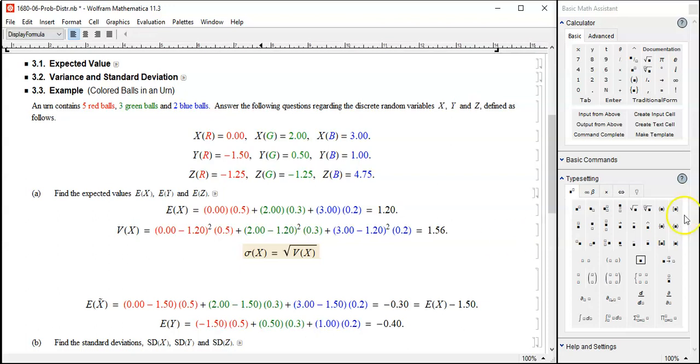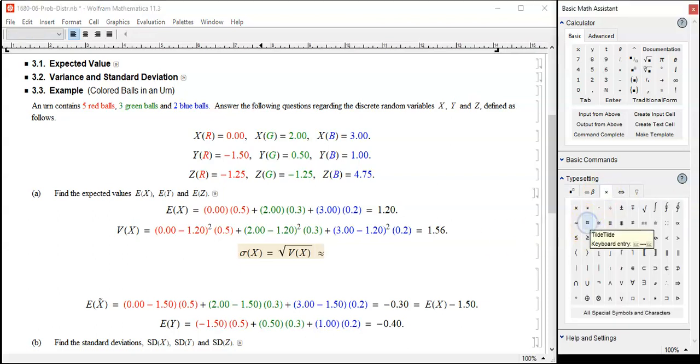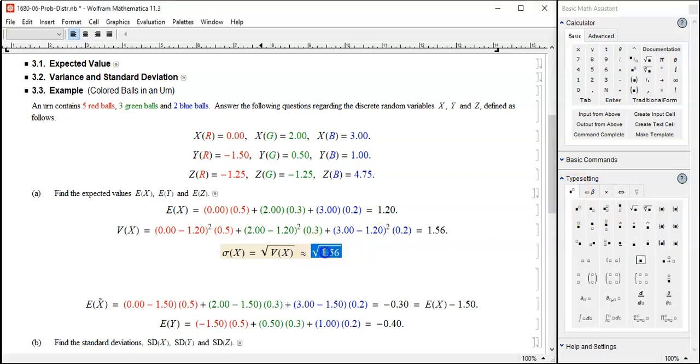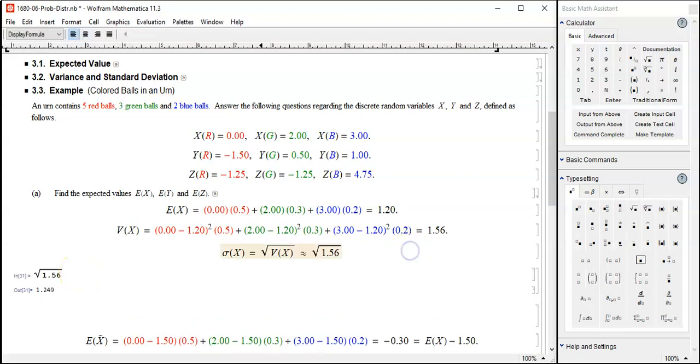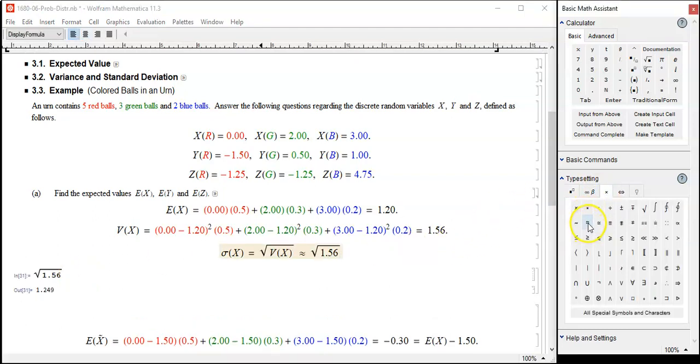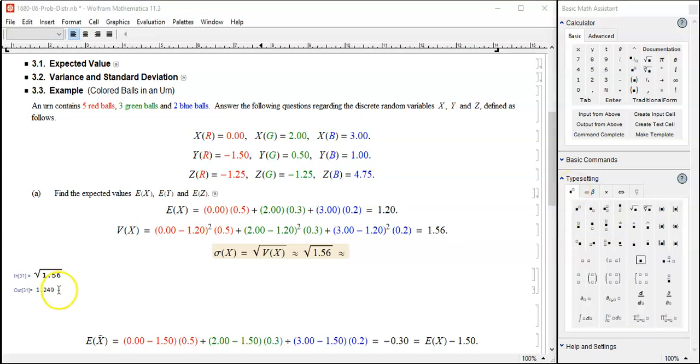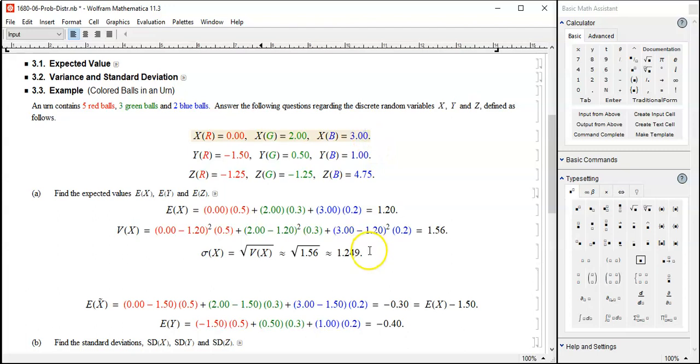So therefore that is the square root of 1.56. Okay, I have it. So the first game has this standard deviation. So this measures the dispersion.